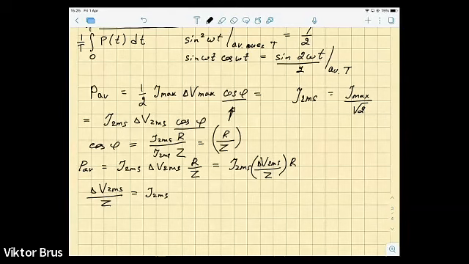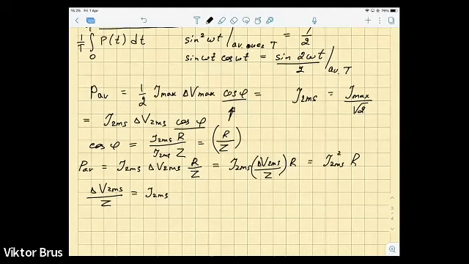So the root mean square voltage divided by the total impedance of the electric circuit will give us the root mean square electric current. That means we have I RMS squared times R.